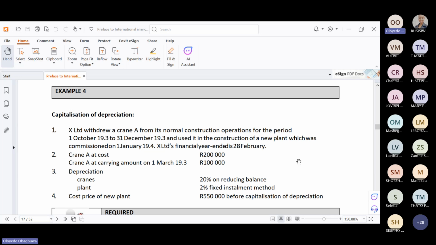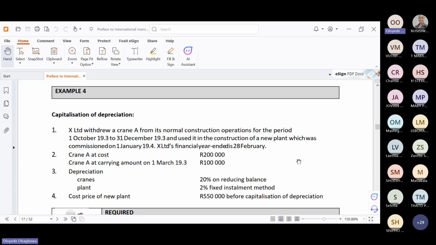X Limited's financial year ends 28 February. Crane A at cost is 200,000. Crane A at the carrying amount of 1st March 1903 is 100,000. Depreciation on the crane is 20% on reducing balance. The plant is 2% fixed installment method.